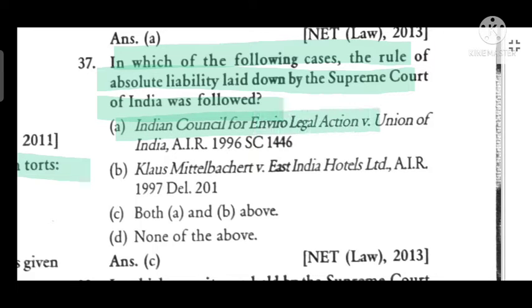Indian Council for Enviro-Legal Action versus Union of India, 1996; Klaus Mittelbachert versus East India Hotels Limited, AIR 1997.